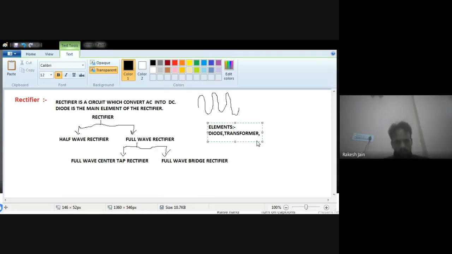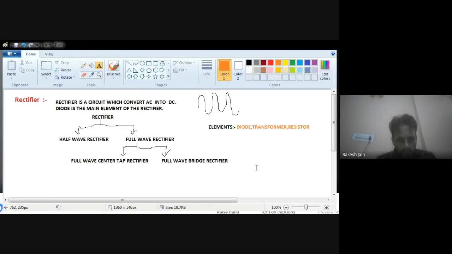To convert it into DC supply, we generally use a diode, and as a load, we use a resistor from which we will take out the output. These are the general elements for a rectifier circuit.